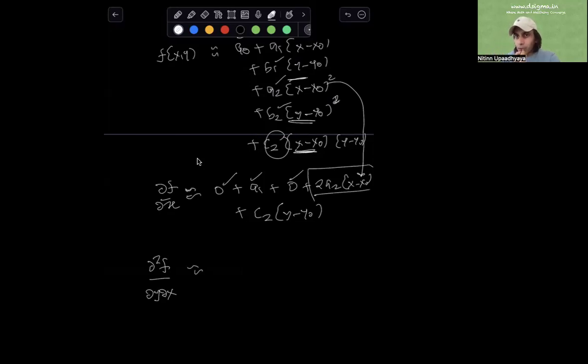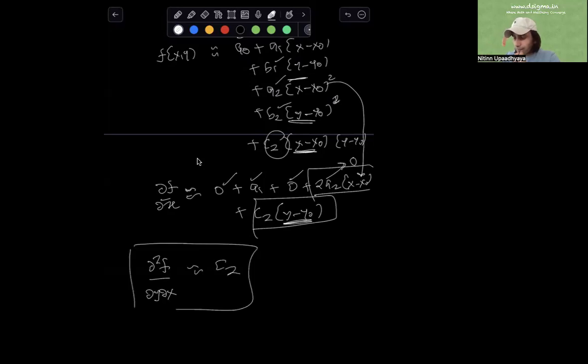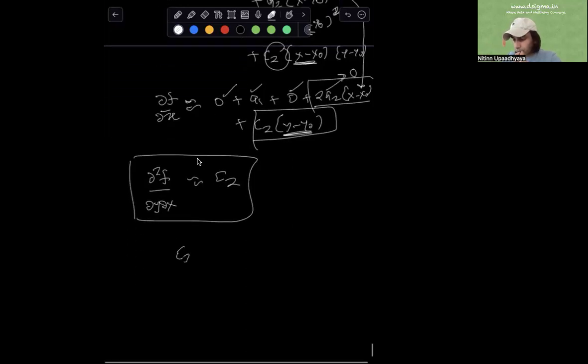So if I take its partial derivative with respect to y, that will turn out to be 0. So this will also evaluate to 0. It's only this term which will give me something which will have a residual. If I take the partial derivative of this with respect to y, that's just 1. And so we're left with c2. So this tells me that c2 is the second partial derivative, dou squared f by dou y dou x.